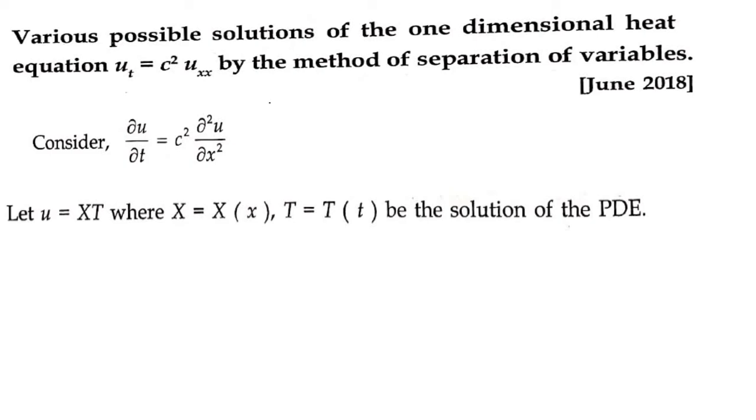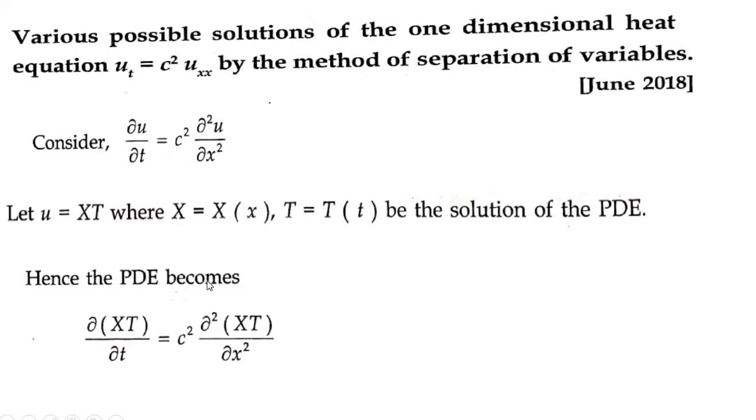Alright. Let u be equal to X times T, where capital X is a function of x and capital T is a function of t, be the solution of the partial differential equation.